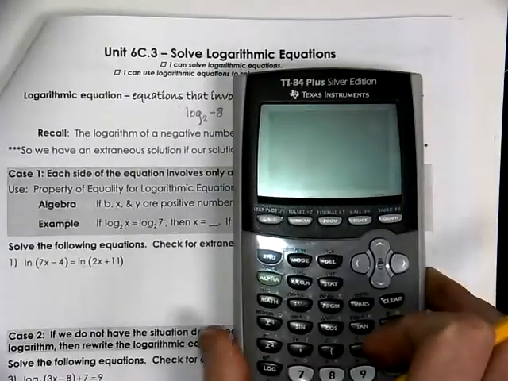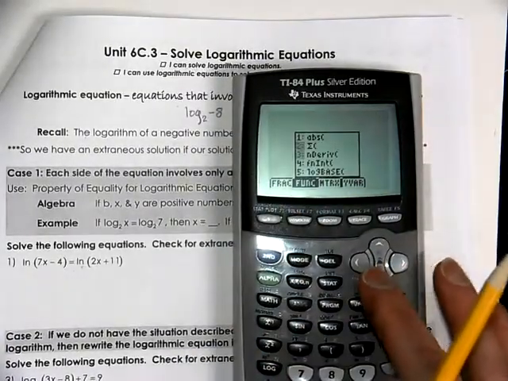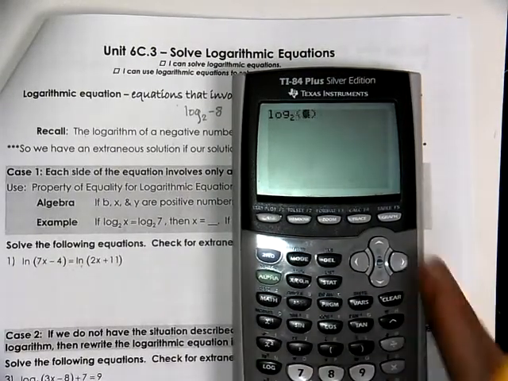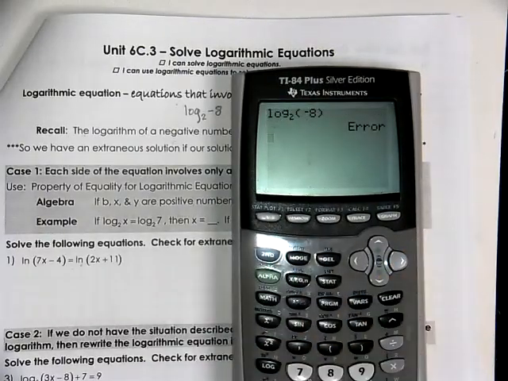You could even try that in the calculator. When you do alpha y equals, you can go over to your change of base, plug in your negative 8, and we should get an error.